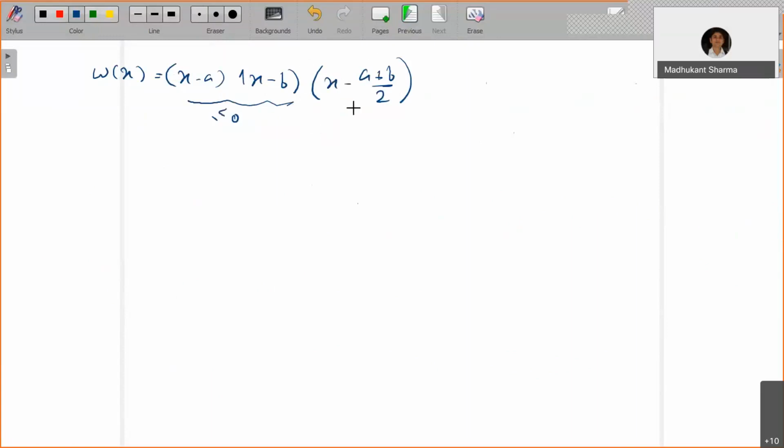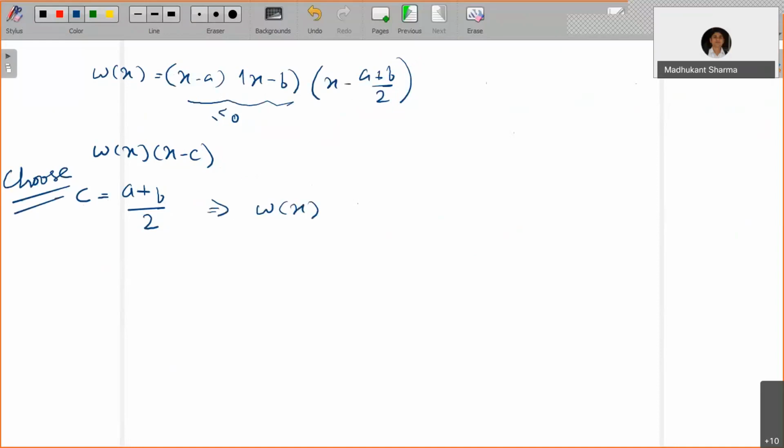If I multiply w of x by (x minus c), what point should I choose? I choose c equal to (a plus b) by 2. Once I choose c as (a plus b) by 2, then this term is (x minus (a plus b) by 2) squared, which is always positive. So if I choose c equal to (a plus b) by 2, then w of x into (x minus c) will always be less than or equal to 0 for every x in a to b.